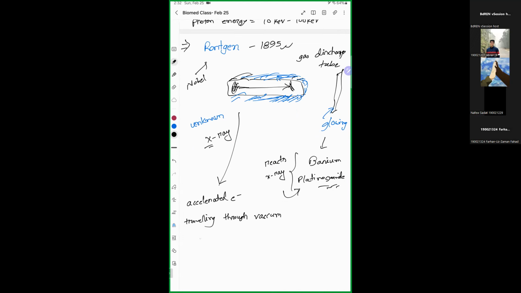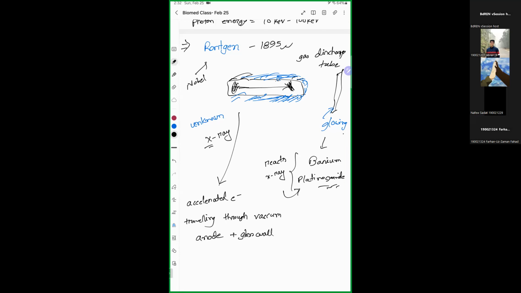And here you have the anode. So these accelerated electrons traveling through the vacuum were hitting this anode, and also this glass wall, which was covered at that time. And outside, the glowing, he was observing outside.